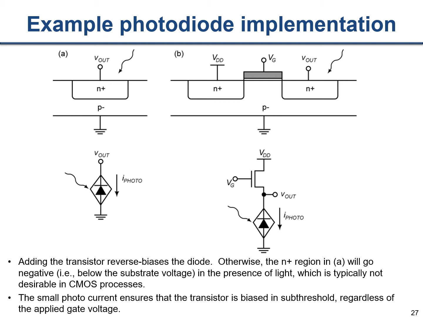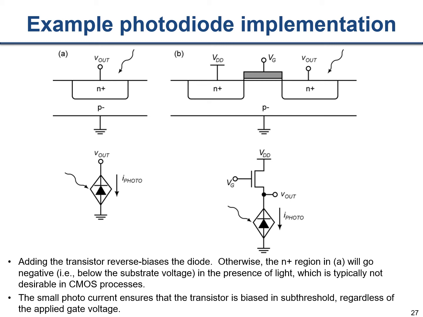So what we often do is build this photodiode as a PN junction that is part of a transistor, which is shown on the right here. The drain of the transistor is connected to VDD. The gate is biased to an appropriate value such that Vout, which now controls the reverse bias of the diode, is set so that the N region doesn't go below ground.